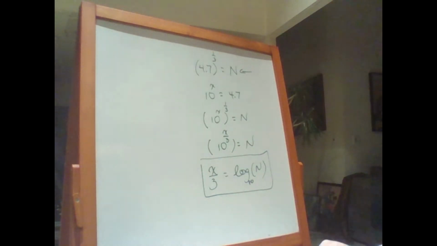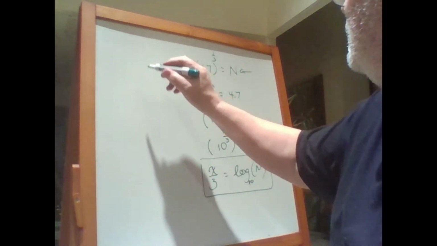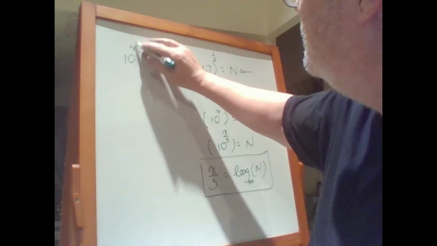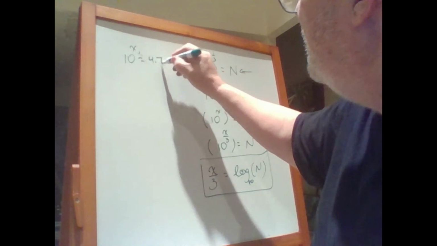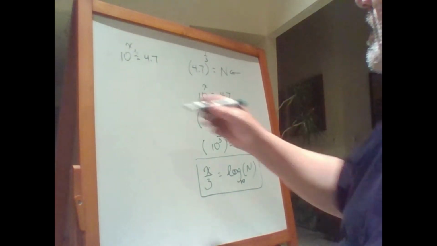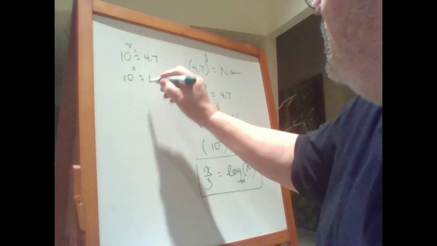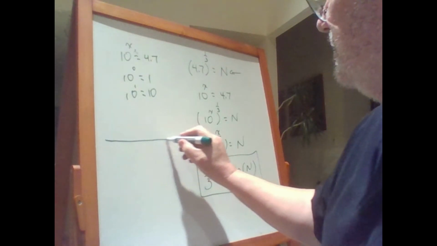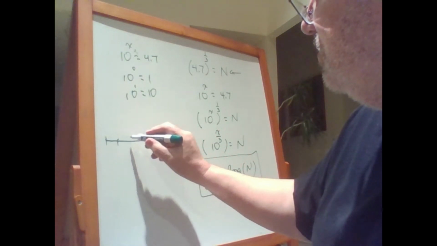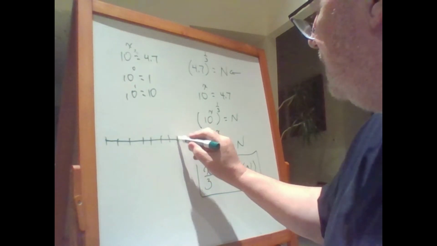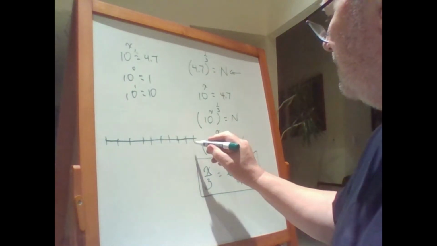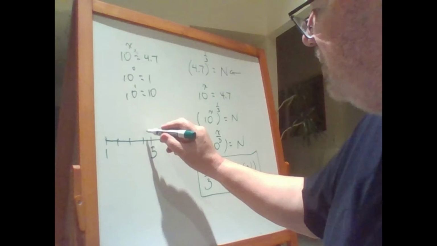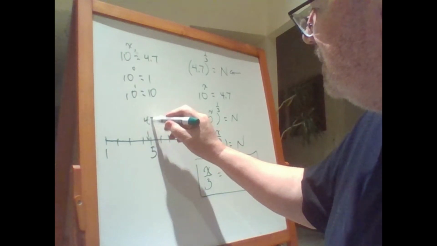And we'll keep that. We've got 10 to the x equals 4.7. So we know 10 to the 0 equals 1, and 10 to the 1 equals 10. Counting along, 4.7 is right there.